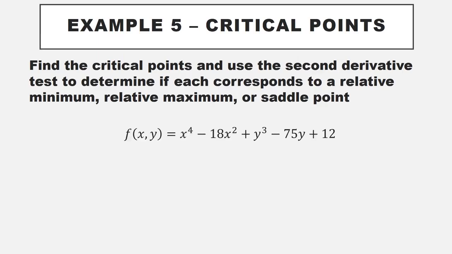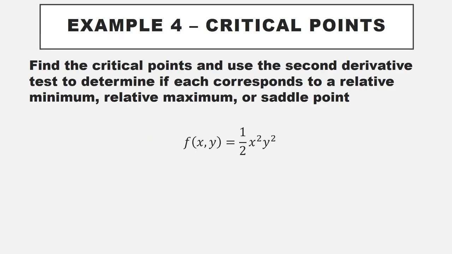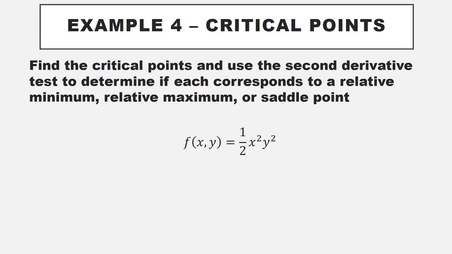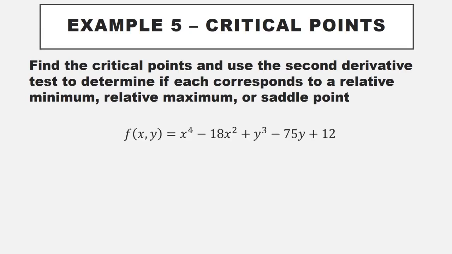So we've seen examples where there's a unique critical point. We've seen examples where there are infinitely many critical points. We've seen examples where there were a handful of critical points, like in this case, 6 critical points. We saw an example where there was no critical points.